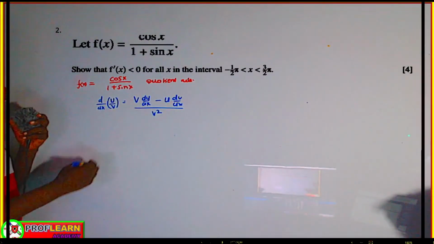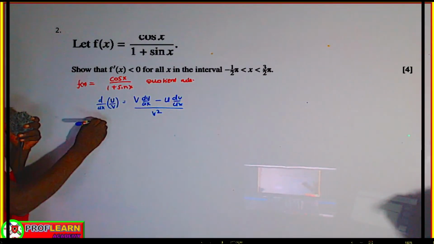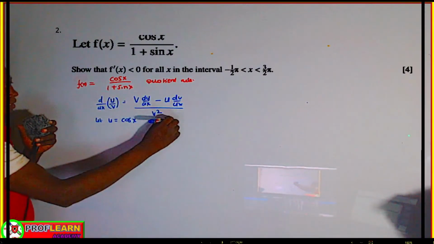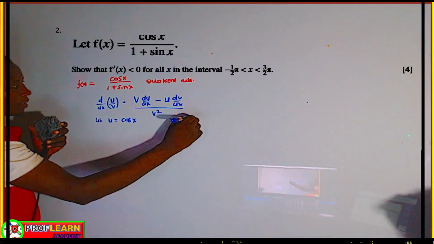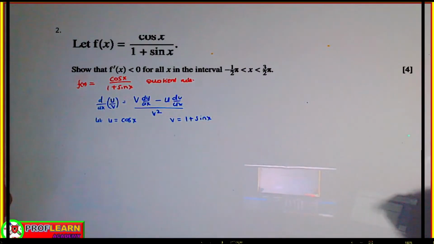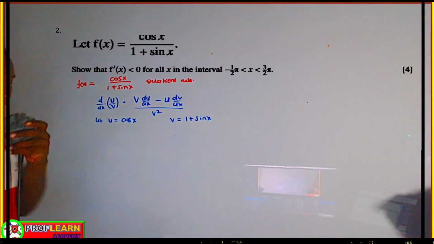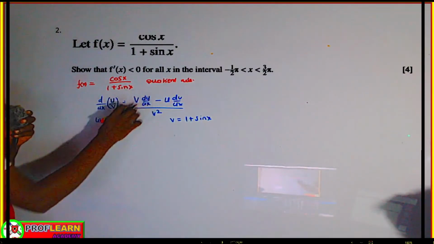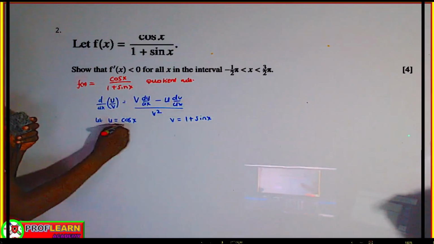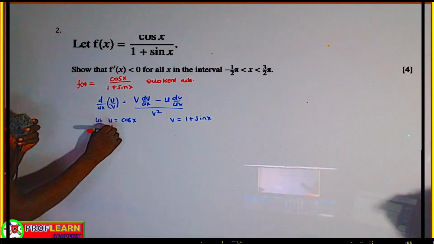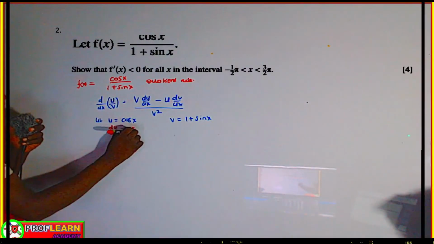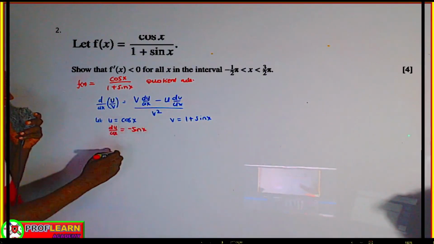So under this equation, we can say now let our u be equal to cos x, and our v is going to be 1 plus sin x. As we did in the previous question, since we are going to use dv/dx and du/dx, we can decide at this first step to find du/dx, and this is going to translate to negative sin x.